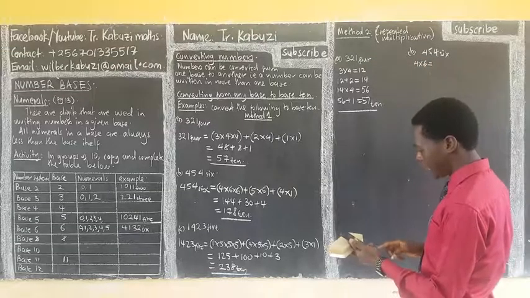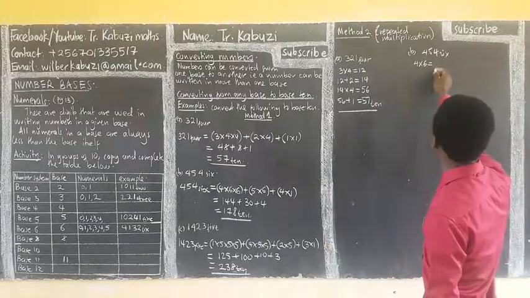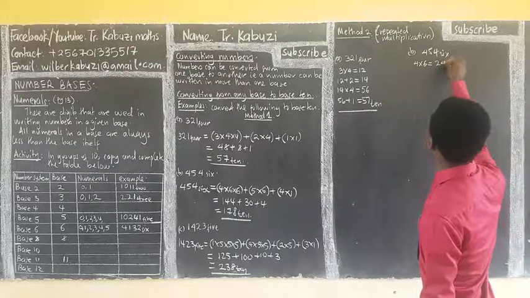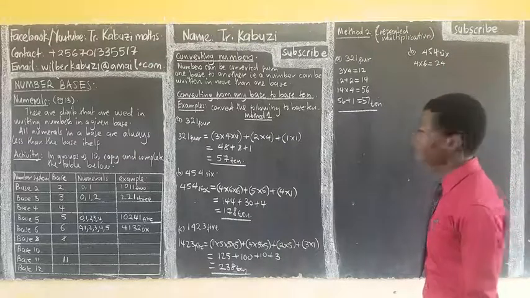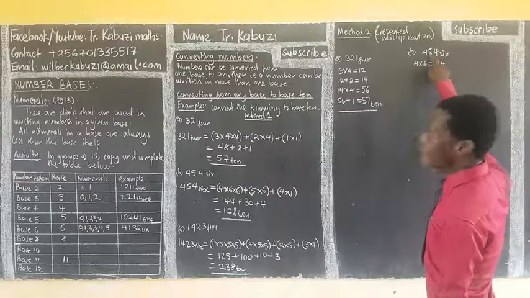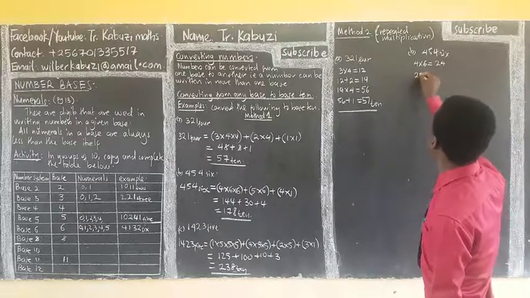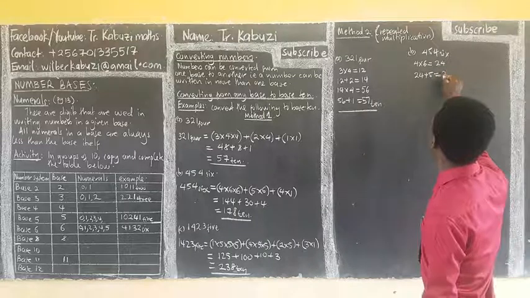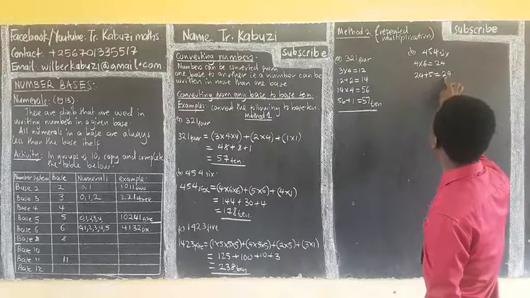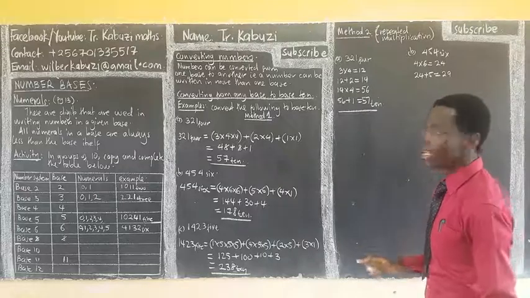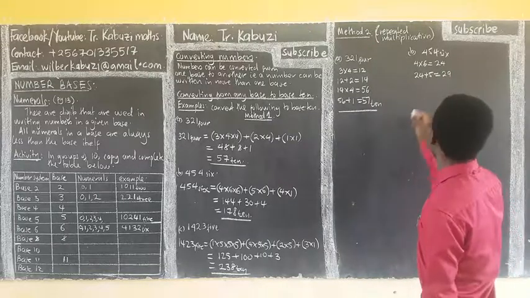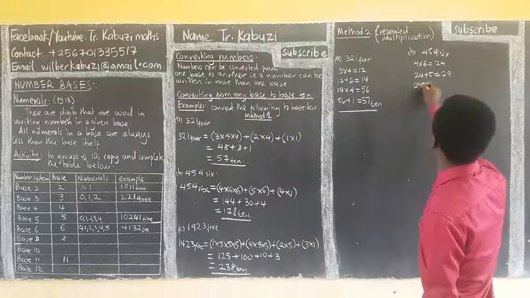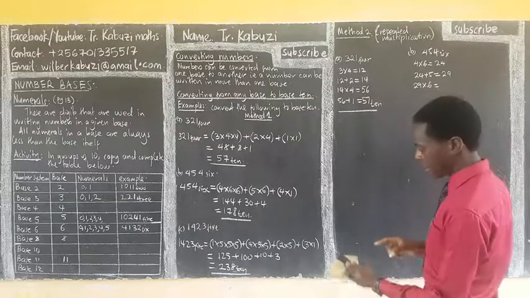So the answer I'm getting there is 24. Are we there? Then you add the next digit. So I have 24 plus 5, which will give me 29. After adding, we multiply with the base. So now 29 times 6, which is the base.